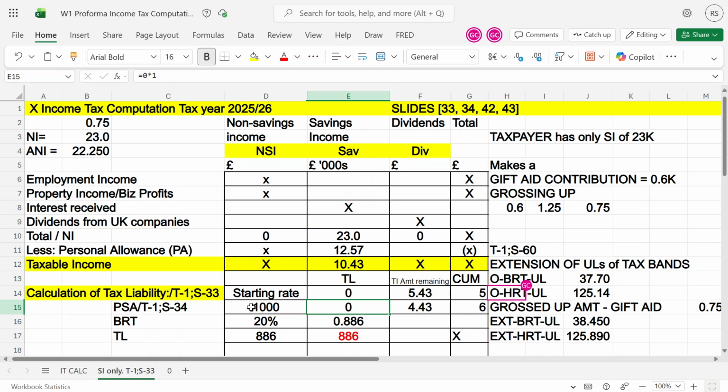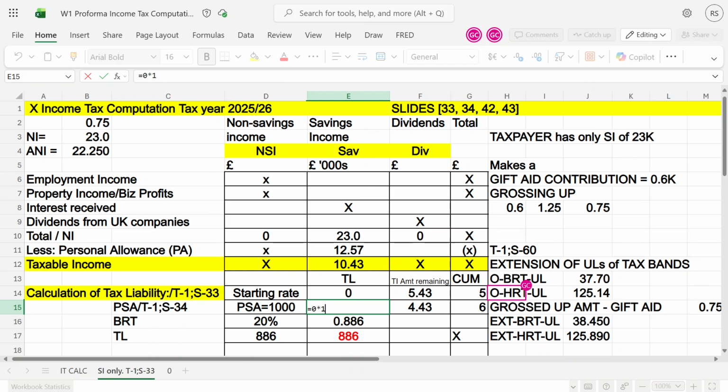We can write this as PSA equals 1,000. Is this clear? Because the PSA gives you 0% tax, income within the allowance is taxed at 0%. So now the tax liability on this additional chunk of 1,000.